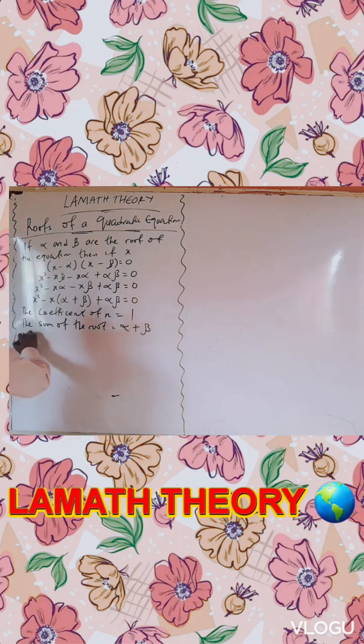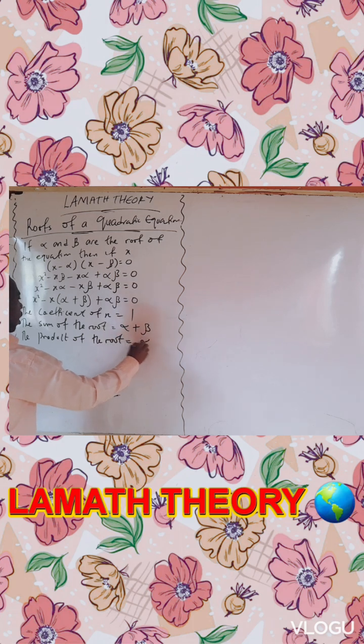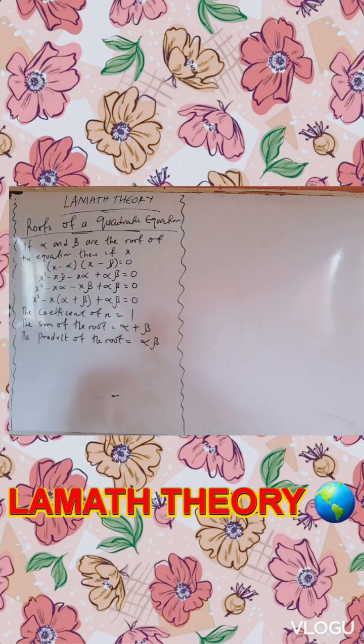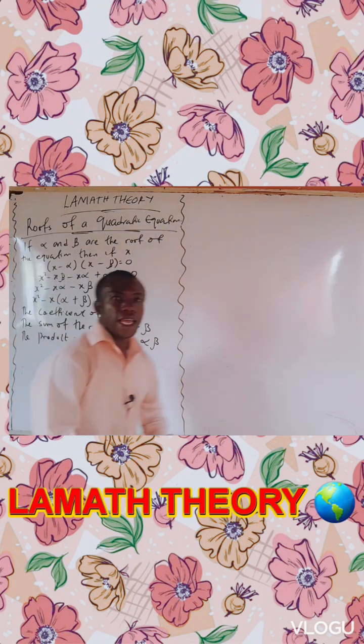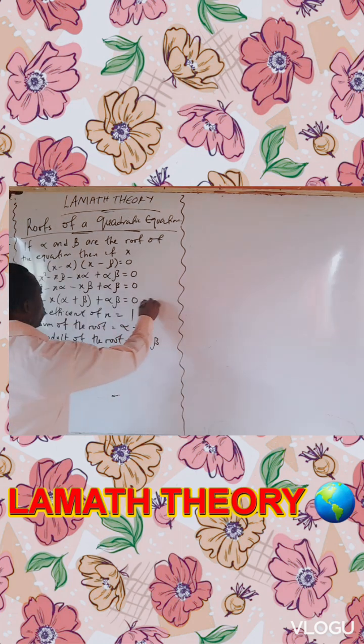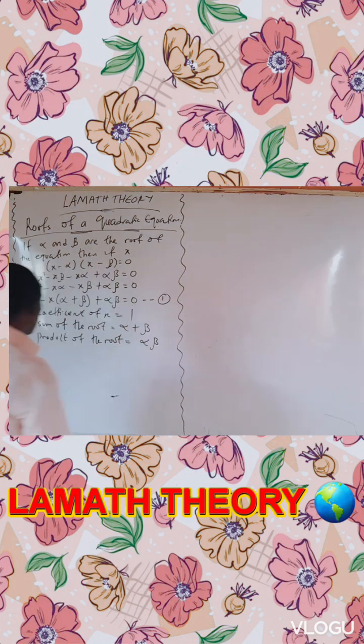Now we have the product of the roots. The product of the roots is alpha beta. Are we together now? Okay. So now when we have this alpha beta, we want to get our a and b. So let's call this one equation 1. Are we together now?